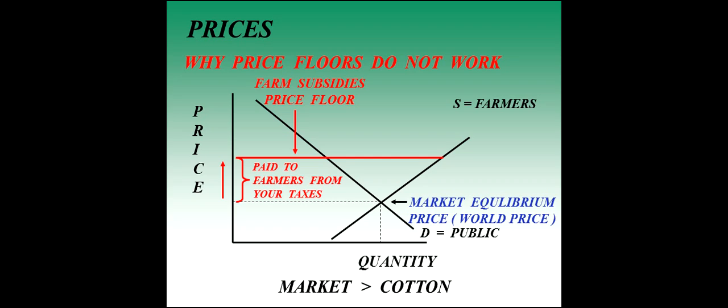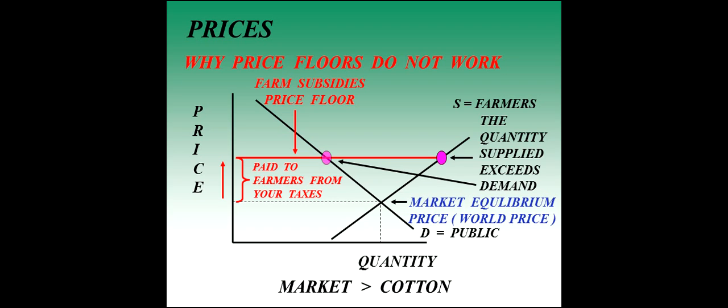Now notice where the price floor winds up crossing the supply curve. So that the farmers can get paid as much as they possibly can, it encourages them to overproduce at a supply level that would exceed demand at the price level. And this winds up leaving us with a surplus.